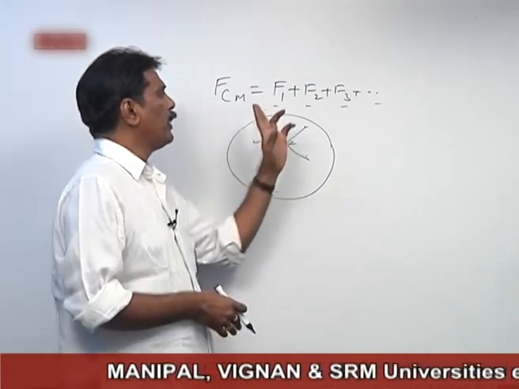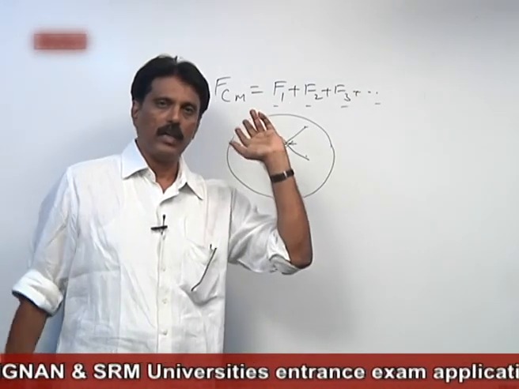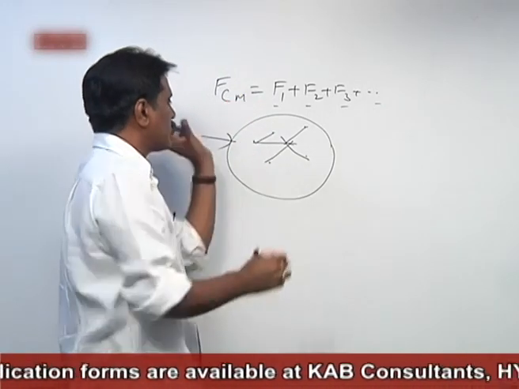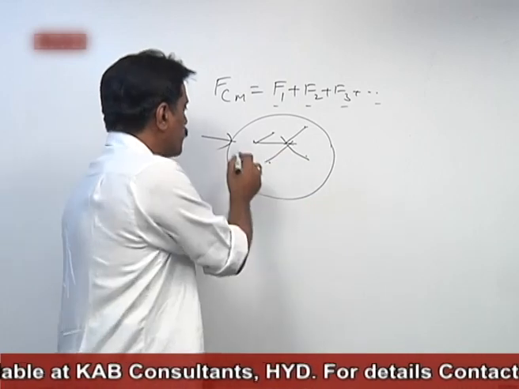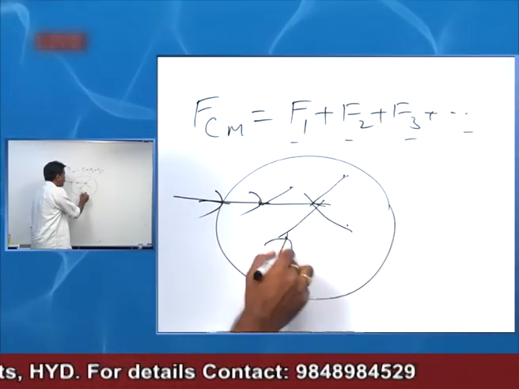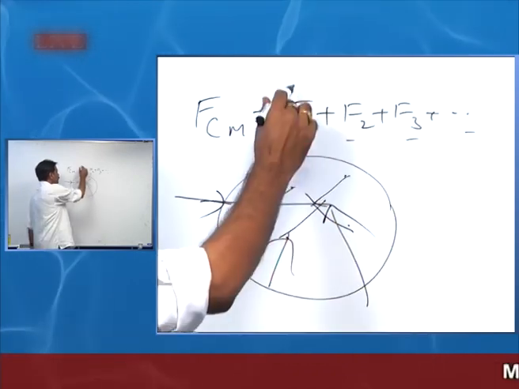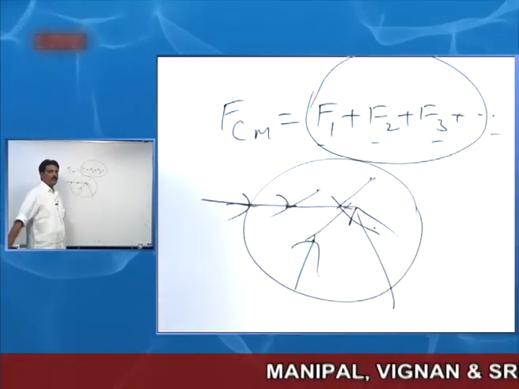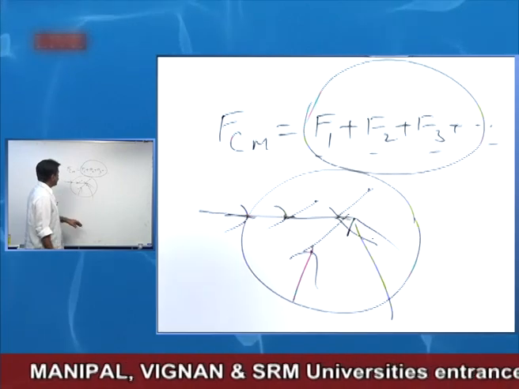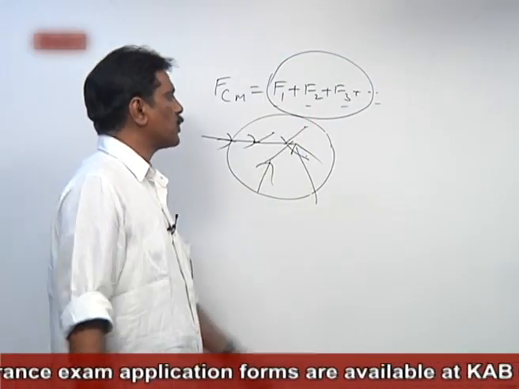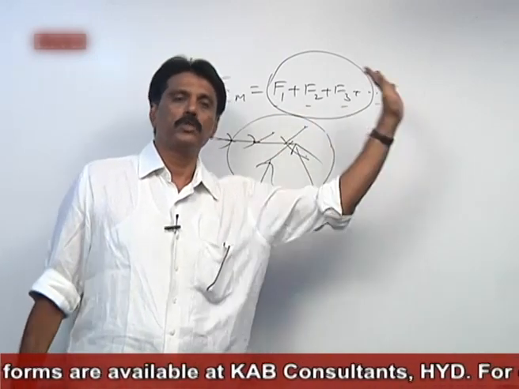They do not contribute anything until some force from outside is acting on these particles. If there are external forces F1, F2, F3, etc. acting, then the force on the center of mass must be equal to F1 plus F2 plus F3 and so on.